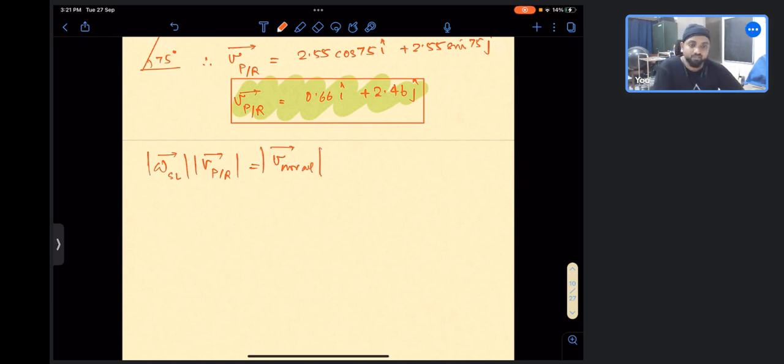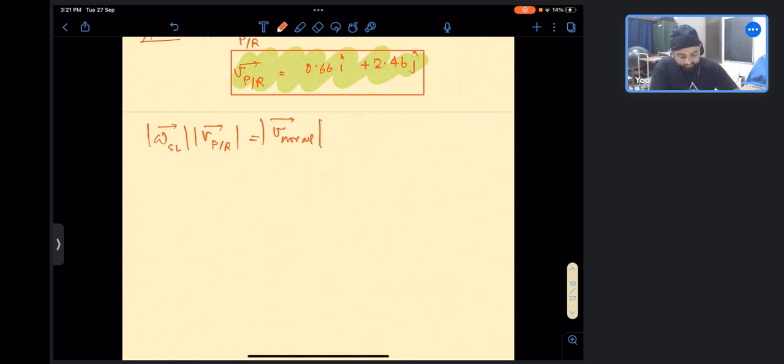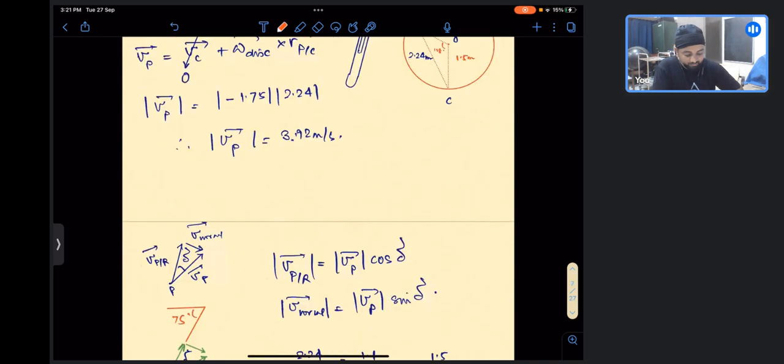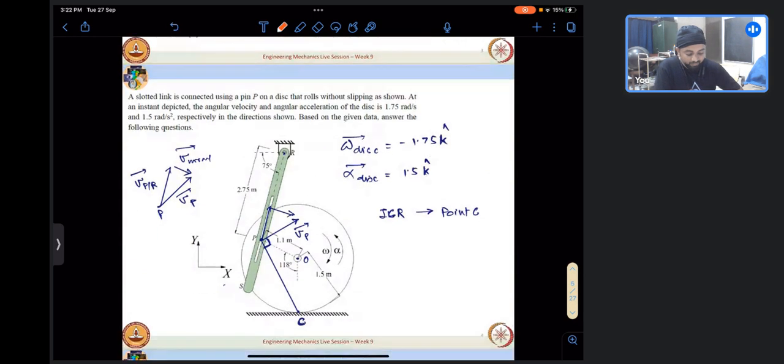The magnitude of r of p with respect to r is this distance, which is given as 2.75 meters.